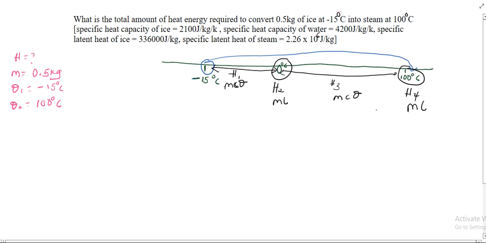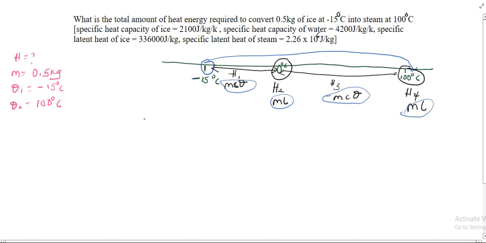You should realize that during a change of state, the formula we're using is always ml. But if it is just changing the temperature of the substance within a state, like from -15 to 0 and from 0 to 100, we use mc theta.